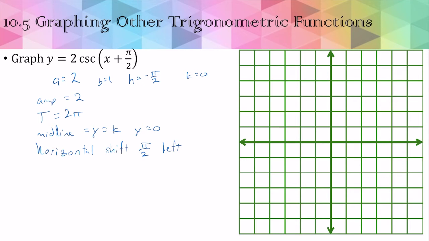All right, so since it's cosecant, we're going to start with sine. So sine starts at the origin there. Our amplitude is 2, so let's just make that 2. So we'll count by ones, and we'll make that 2 pi.